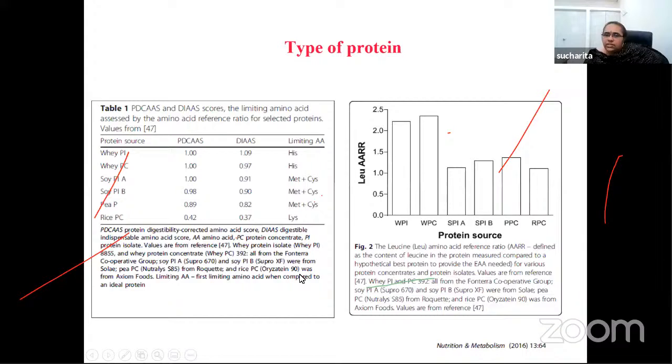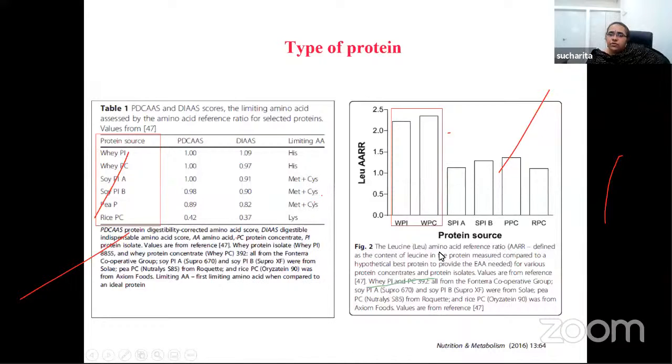What type of protein is important? So here is a slide which talks about both concentrate and isolate of various proteins. But what is important, more than the source of protein, is the kind of amino acid composition the protein has. And here is the picture of the different kinds of amino acid composition, particularly the leucine amino acid reference ratio.